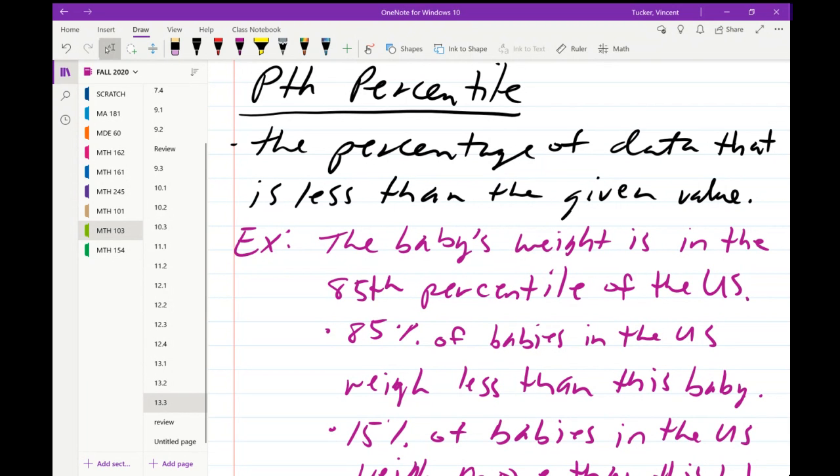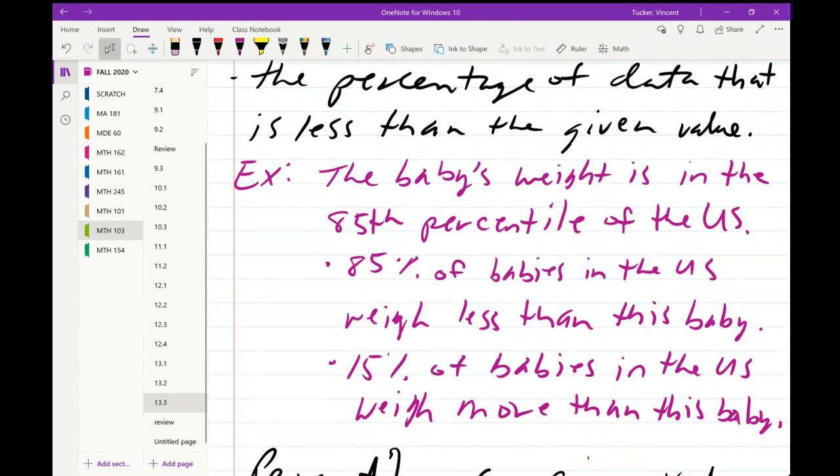And so the baby's weight is in the 85th percentile of babies in the U.S. So that means 85% of the babies in the U.S. weigh less than this baby, and 15% of babies in the U.S. weigh more than this baby. So you're talking about 100 minus 85. That's how we got to 15.